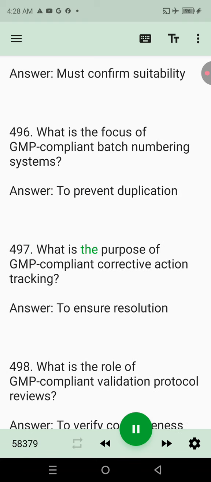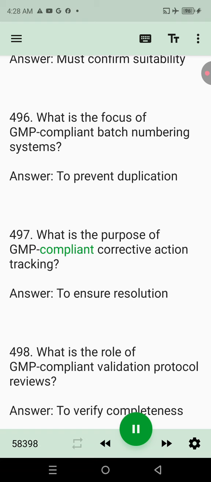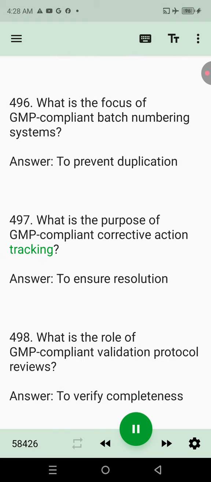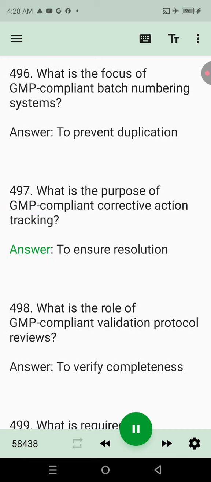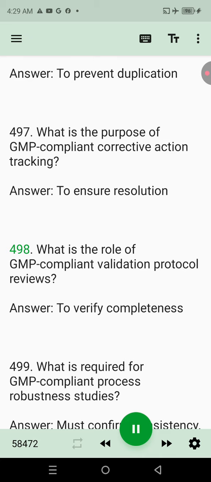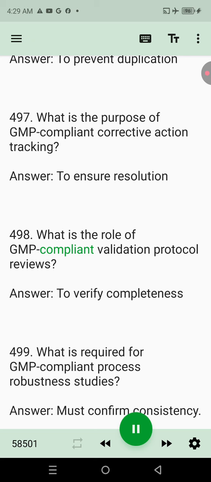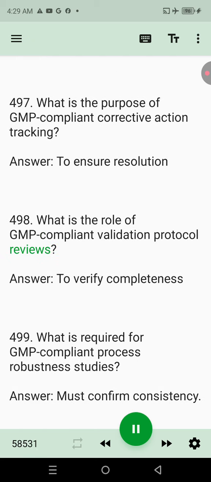497. What is the purpose of GMP-compliant corrective action tracking? Answer: to ensure resolution. 498. What is the role of GMP-compliant validation protocol reviews?